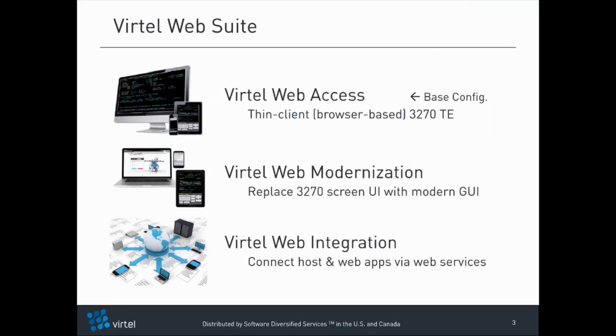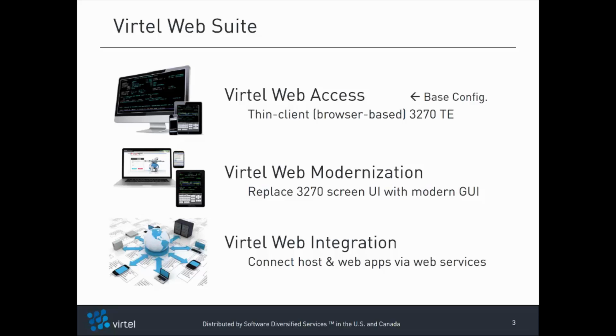With Virtel Web Suite, the same web-enabling technology comes in 3 different configurations. The base configuration is referred to as Virtel Web Access, and it functions as a thin client browser-based 3270 terminal emulator.